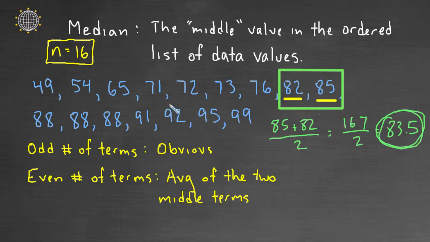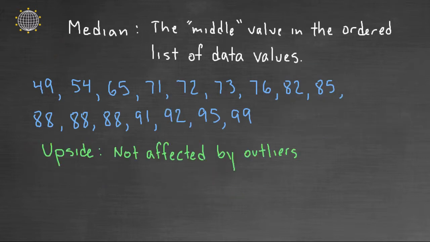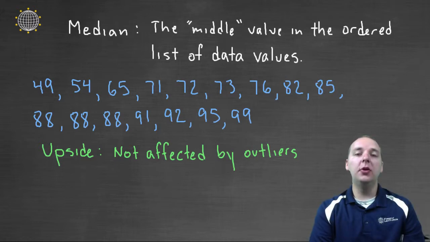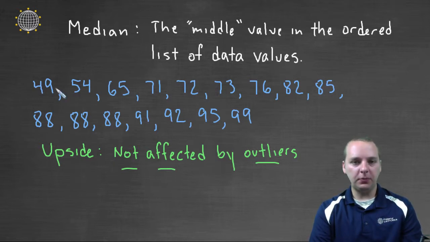Now the median has a lot of nice benefits to it. Most notably is the fact that it's not affected by outliers. Here's an example. Let's say maybe a couple of these students, maybe this student here, maybe the 65, maybe he didn't come to school that day, and instead of getting a 65, maybe he got a 0 because he wasn't present.